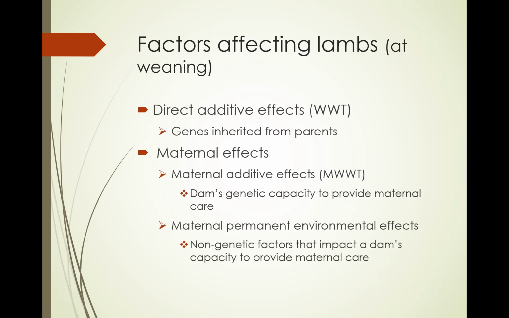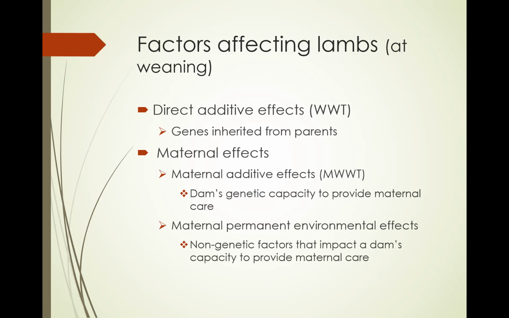But in addition, there are some environmental effects that stay permanently with the mother. They are not genetic, they are not passed from mother to progeny, but they do impact how she performs as a mother.